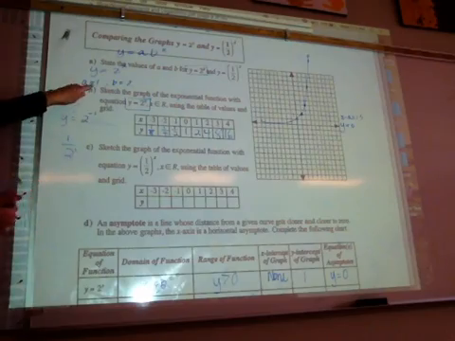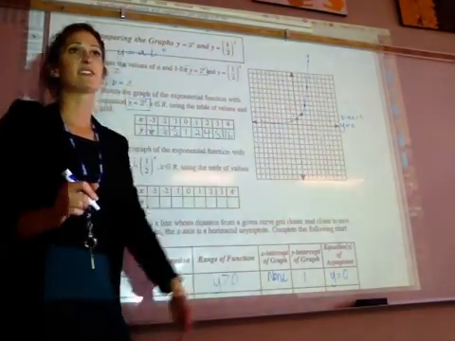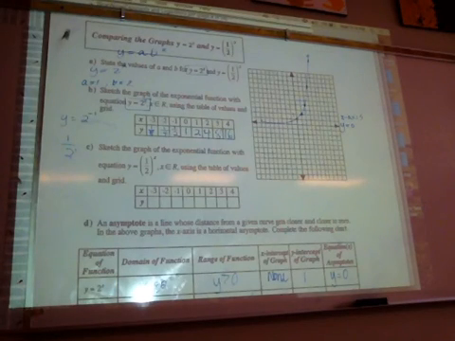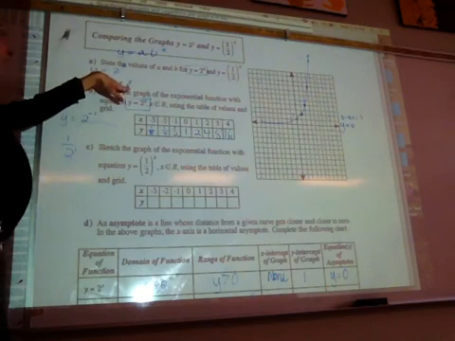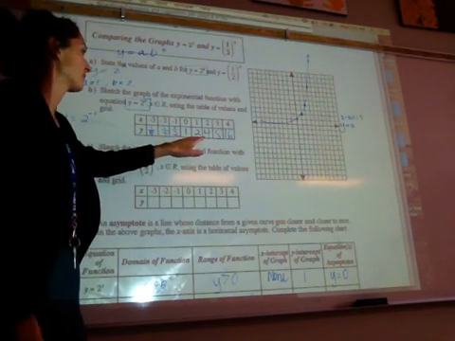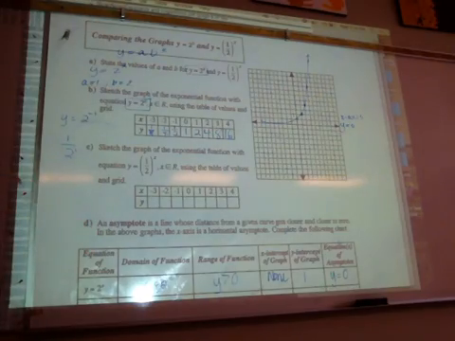Do you guys think there's any correlation between a is 1 and maybe your y-intercept? Maybe. We'll investigate. There's a few examples we'll talk about later, but it might have something to do with it. Okay, and as you can see, our b value is our growth factor, so increasing by 2 each time. You're multiplying by 2 every time.